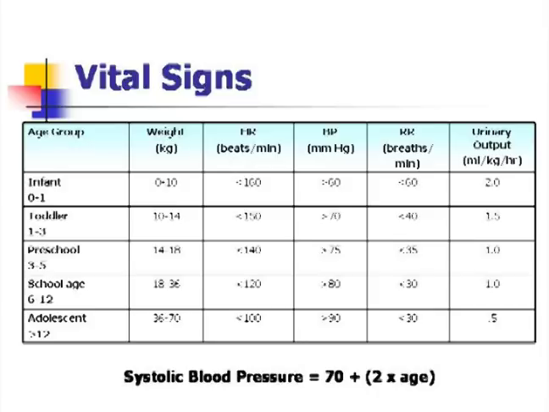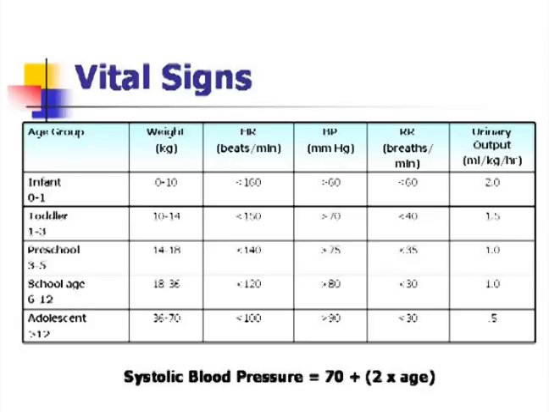So a pulse of 160 in an infant under 1 year of age means something completely different than a heart rate of 160 in an adolescent. And so what's valuable is to have this information posted on the wall if you're going to be taking care of kids and you're not familiar with a lot of these numbers, or just to have some basic numbers in your head.